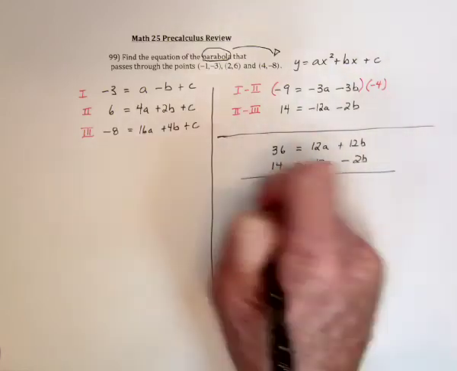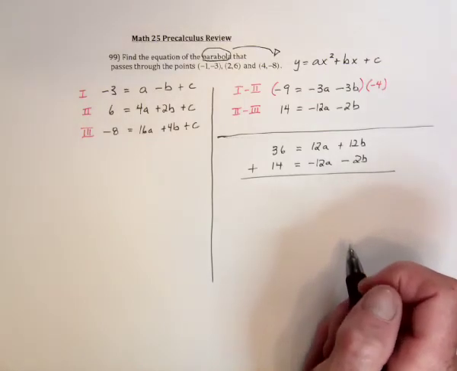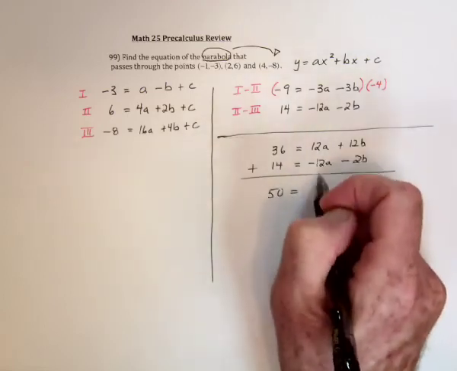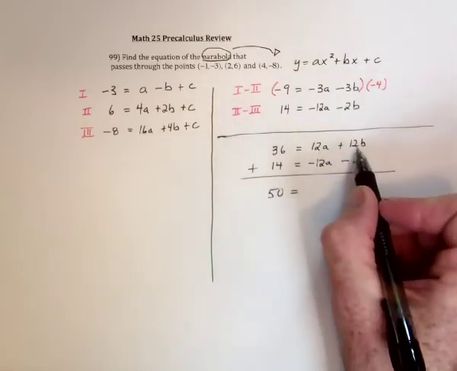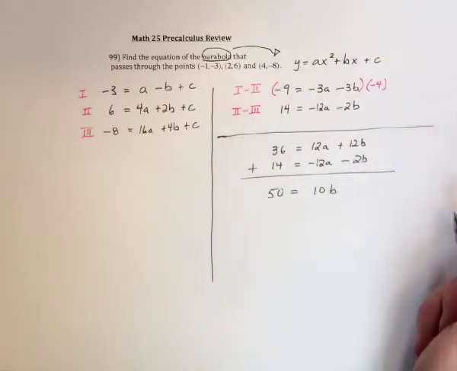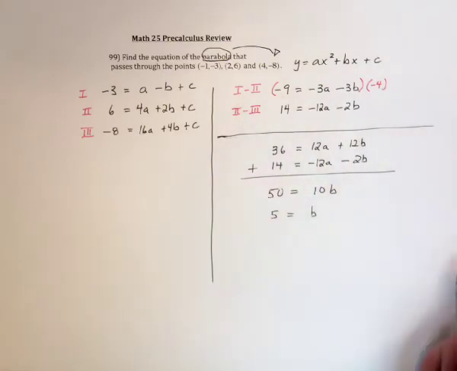And then, add the equations together. So on the left-hand side, that would be 50. The a's cancel. It leaves behind, that is 10 b's, positive. Now just divide both sides by 10, and we get that the b is a 5.